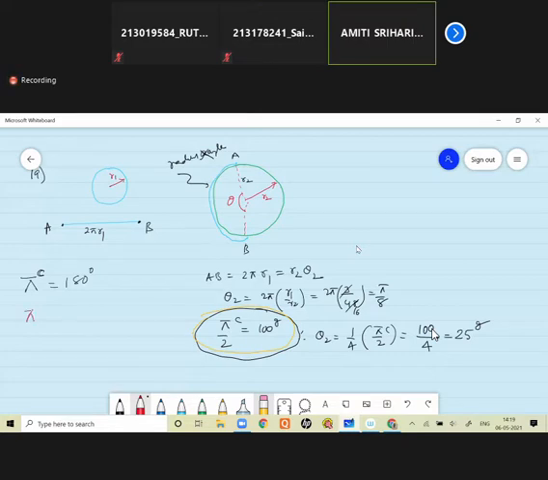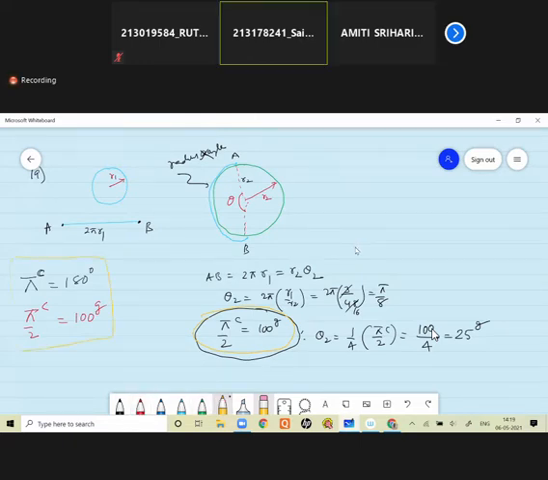And pi by 2 radians is equal to 100 grades. This is a relation. What is a grade? Grade is another form of measuring. It belongs to angle.